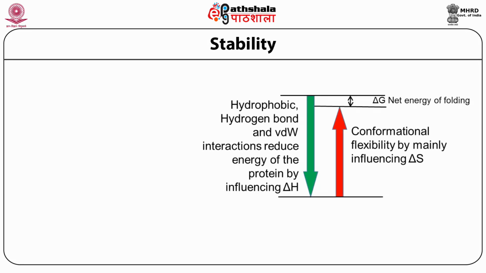We already said a protein is folded, and many non-covalent interactions are stabilizing the structure. So, the stability of the protein is increased because of so many factors we discussed.